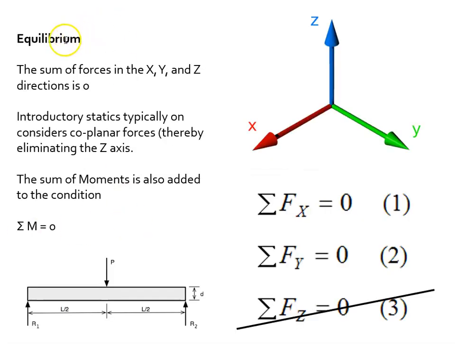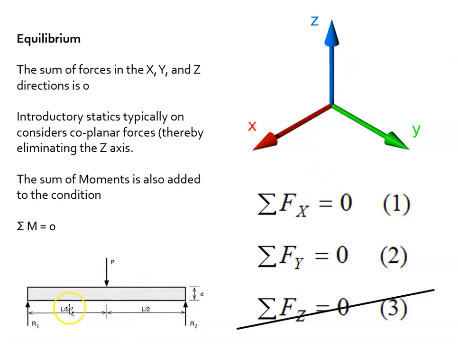Okay, so here's equilibrium. The sum of all forces in the x, y, and z direction is zero. Okay, so here is our grid. So we have x is our horizontal typically, y is our vertical typically, and z is, I'm discussing this in terms of like CAD and Revit, how we describe this axis. Z is the third dimension, is the way we typically describe it.